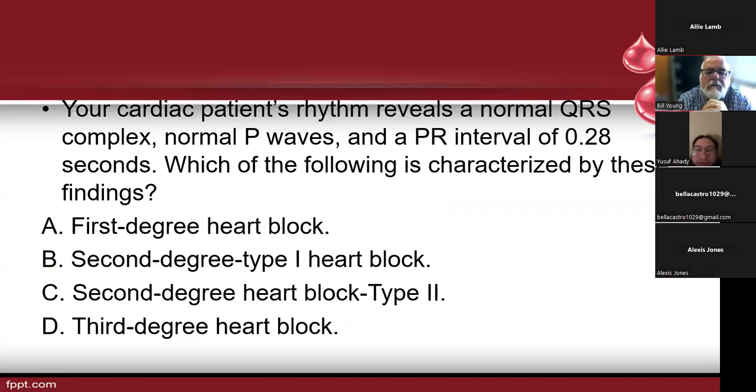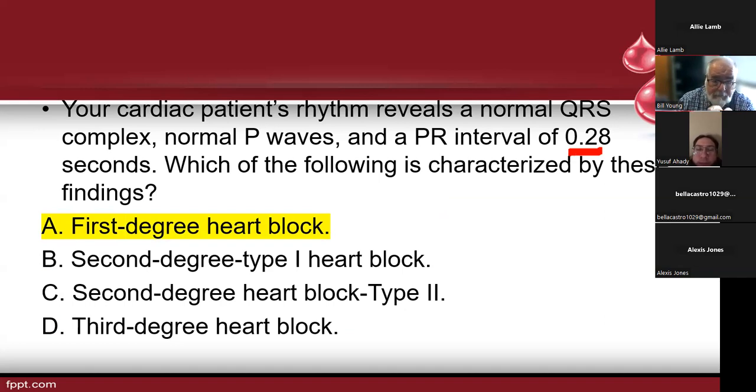Your cardiac patient's rhythm reveals a normal QRS complex, normal P waves, and a PR interval of 0.28 seconds. Which of the following is characterized by these findings? First degree heart block, second degree type 1, second degree type 2, or third degree heart block? First degree. Yep, first degree heart block. Okay, long PR interval.